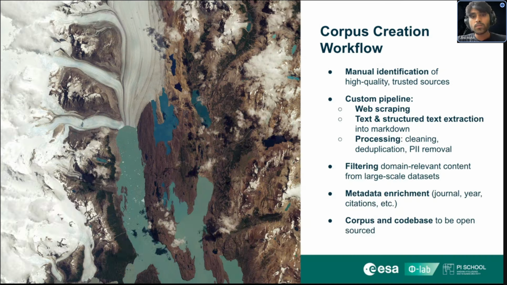Next slide. Yeah. So in terms of the overall corpus creation workflow, I'd put it into 5 stages majorly. The first obvious stage is we manually identified very high signal, very high quality sources from the internet. That is web pages that were manually selected by us, websites and so on.